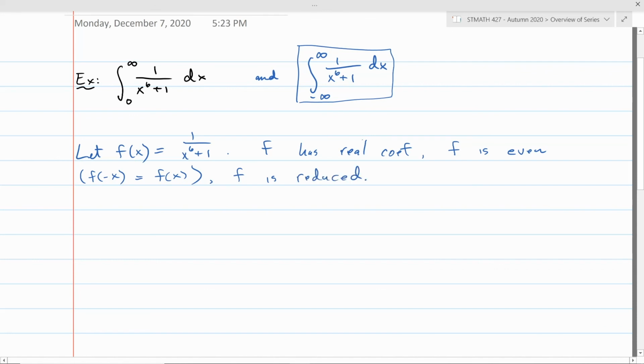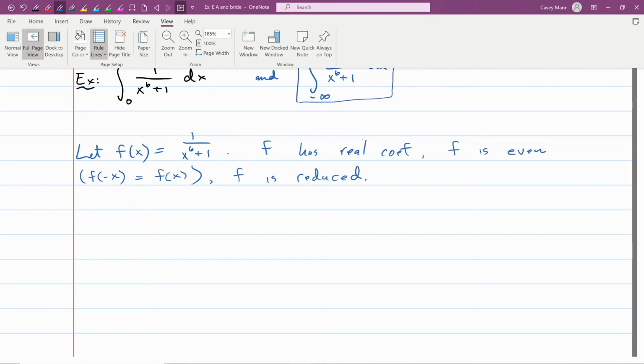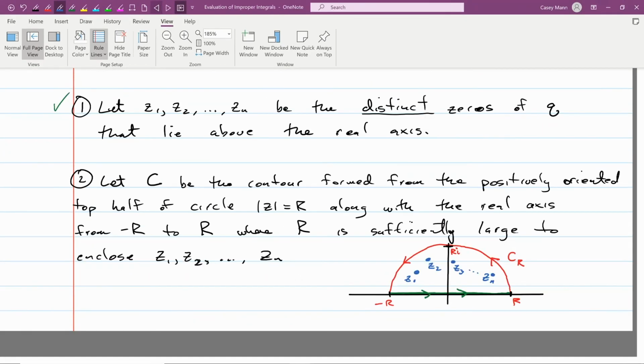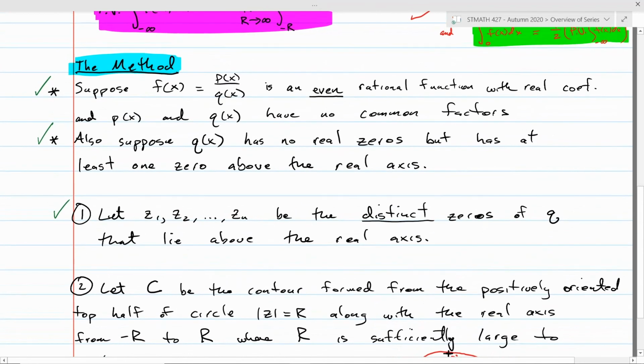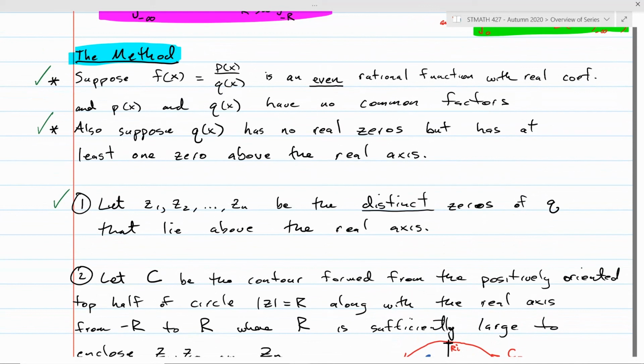So this is the setup that we need, if we go back to the beginning of that method. We needed an even rational function with real coefficients that's reduced. We also need that the denominator has no real zeros and has at least one zero above the x-axis.